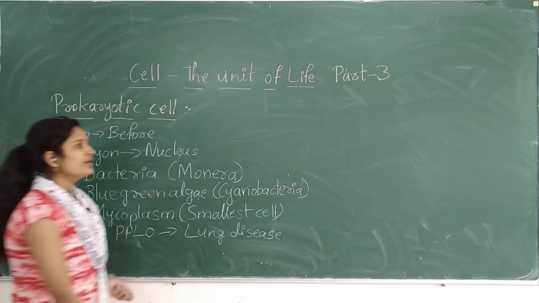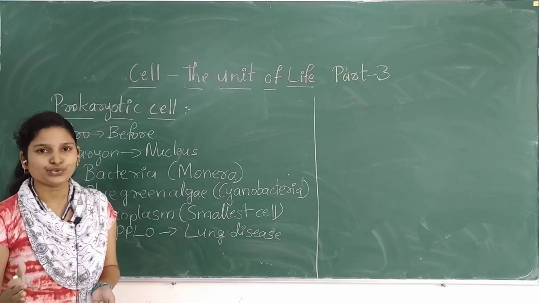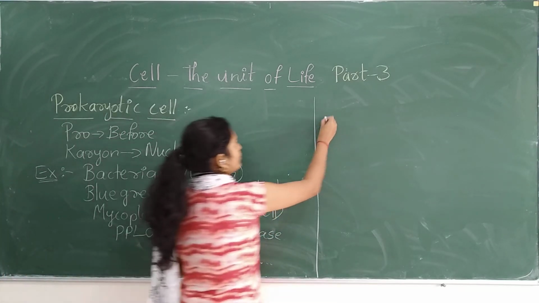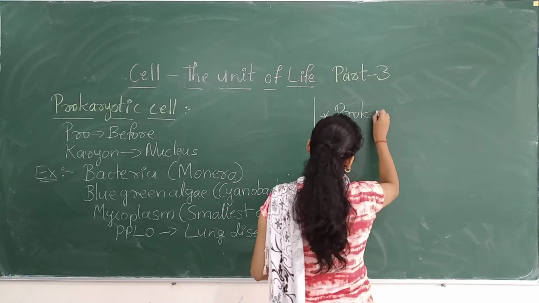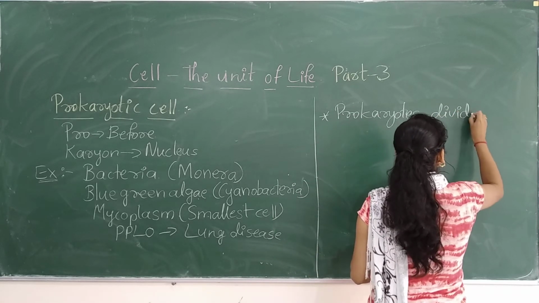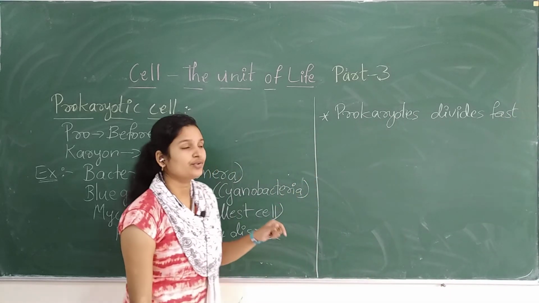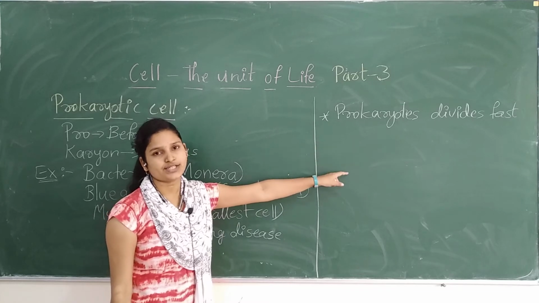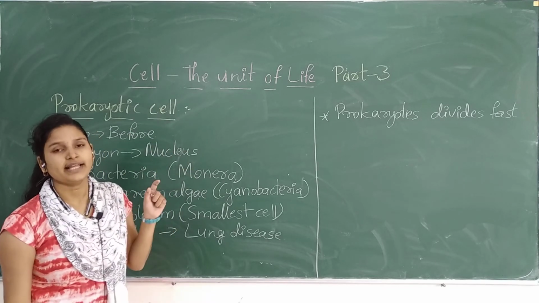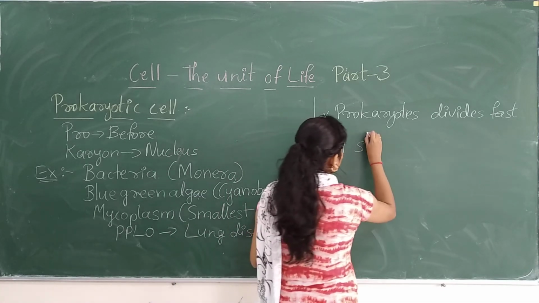Remember this. When we compare prokaryotes with eukaryotes, prokaryotic cell division is very fast. So prokaryotes divide fast. Basically prokaryotes, especially bacteria, possess 4 different shapes or structures.